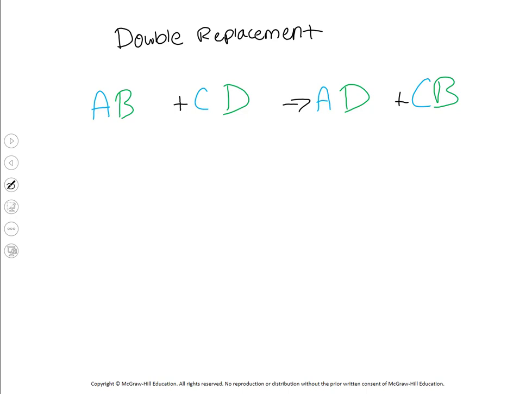So I have lead nitrate. I'm just going to switch to black so we don't confuse ourselves. Lead nitrate plus, and then this one was potassium iodide. All right, so if those are my two reactants, can you determine what the products will be?